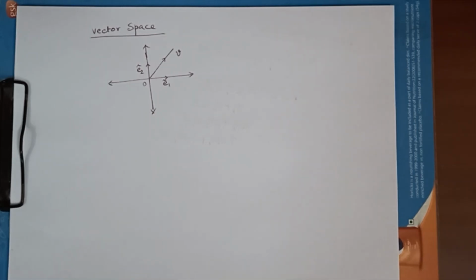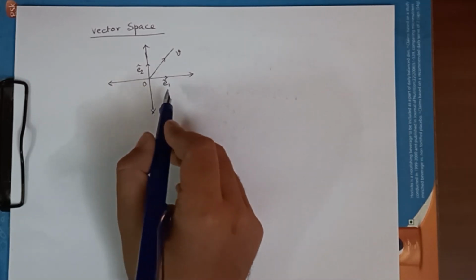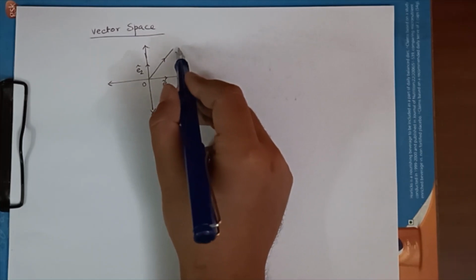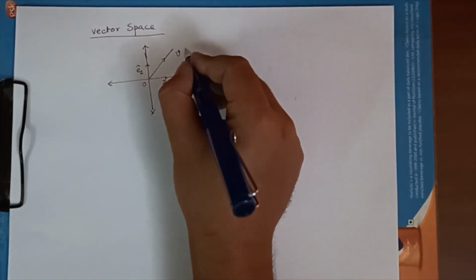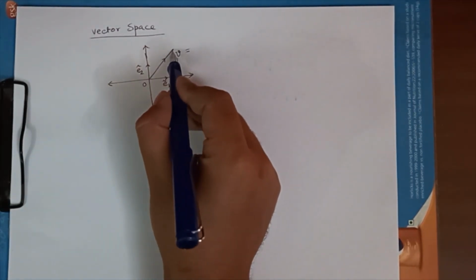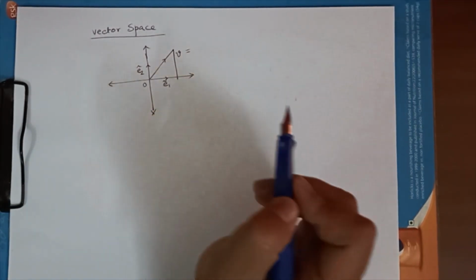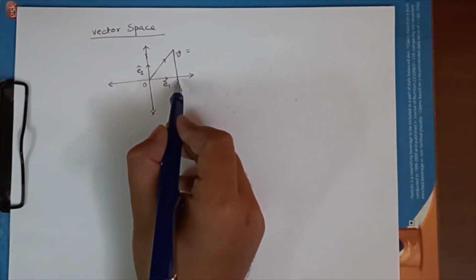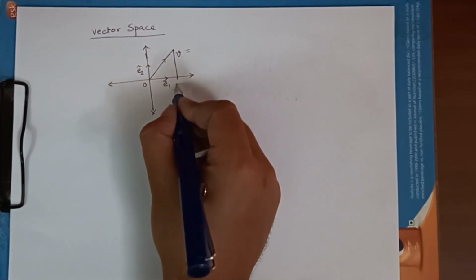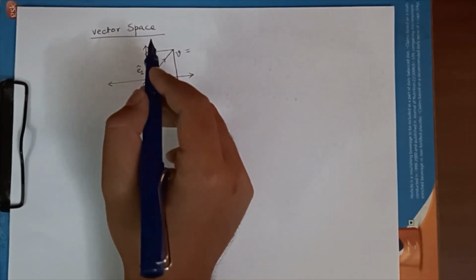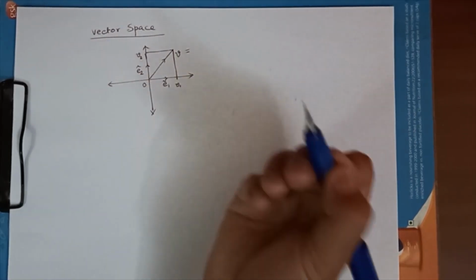There is a unique way, in a particular coordinate system with the unit vectors properly defined, by which you can represent this vector v, and that is called the orthogonal decomposition of the vector. You have to project this vector on this axis and find out the length of this projection. Suppose this length is v1, and similarly you project this vector on the other direction and you get the projection v2.